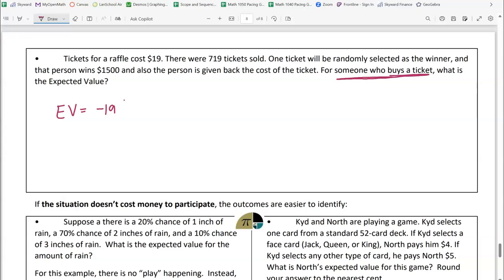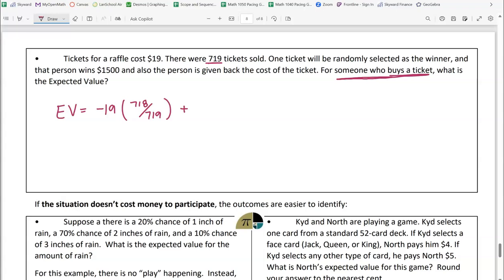And then we need to find the probability that they don't get their ticket drawn. Since there's 719 and they're only drawing one ticket, it'd be 718 over 719. You can turn that to a decimal, but I would just wait until the very end. That way you're not rounding at all until the very end. Okay, that's outcome 1, they do not win.